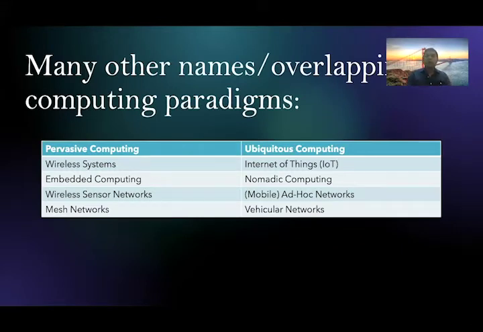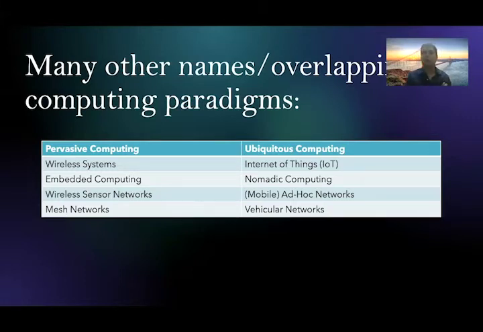This is a comparison between pervasive computing and ubiquitous computing. Okay, so this is very general. For the comparison, for pervasive, we have a few examples such as wireless system, embedded computing, wireless sensor network, and mesh network.